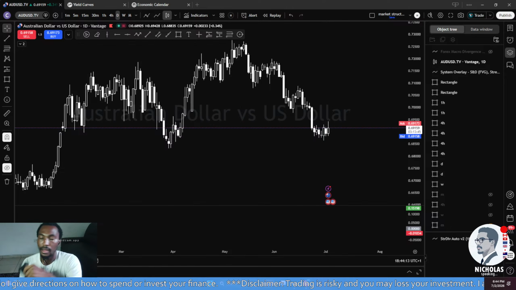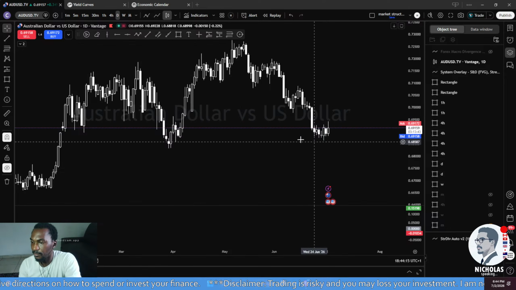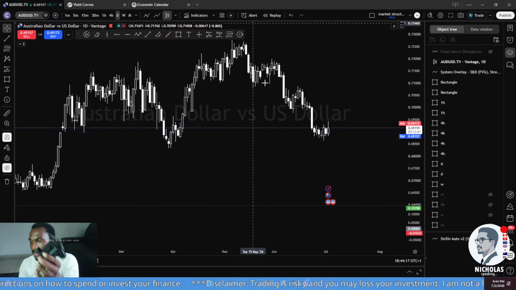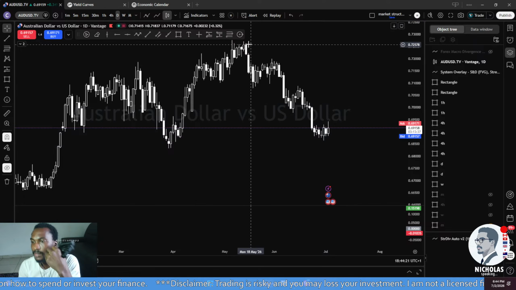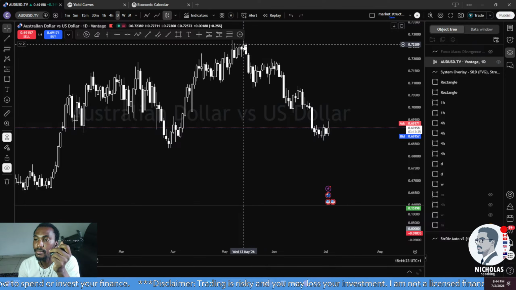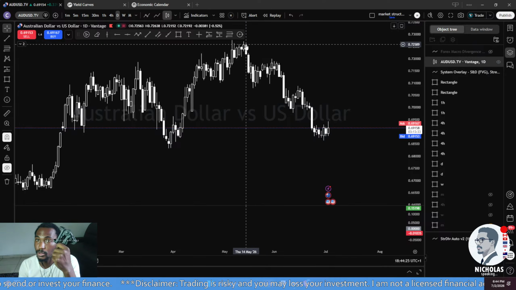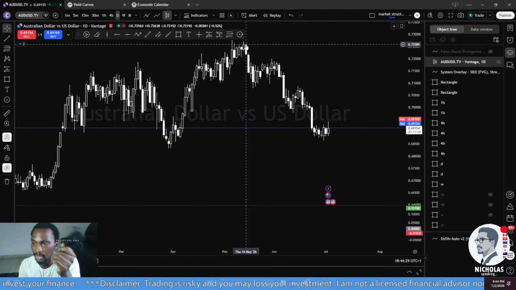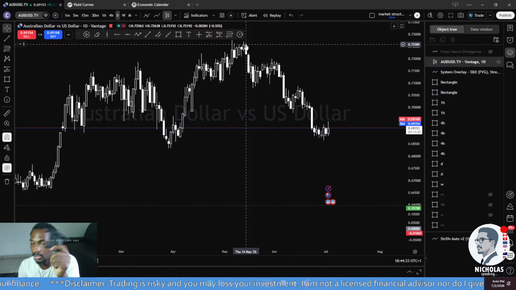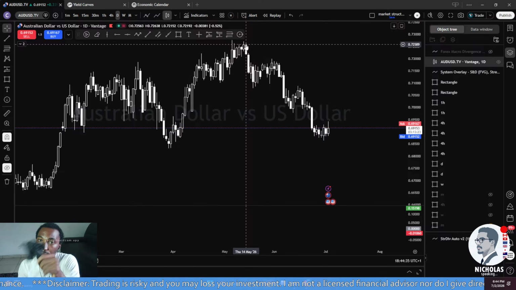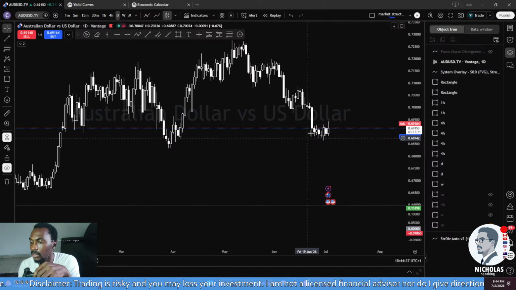Let's assume this is the price chart for this item. What this means is, way back on May 13th, this item was going to cost you about 0.72 Australian dollars. It's going to cost you 72 cents.